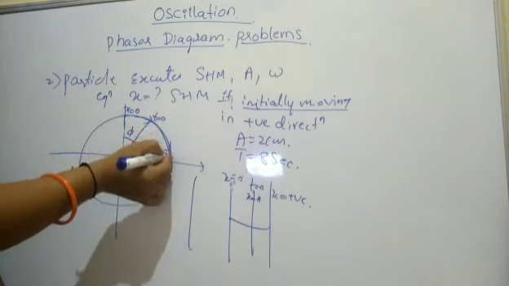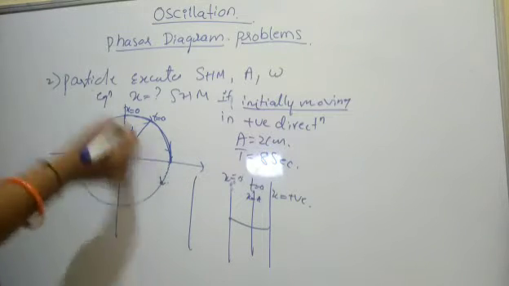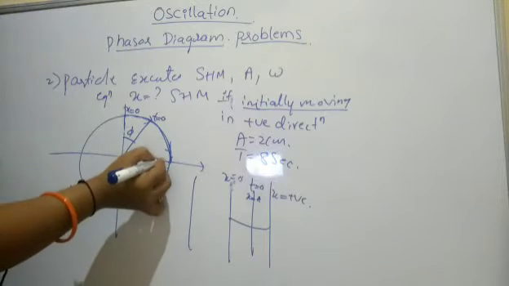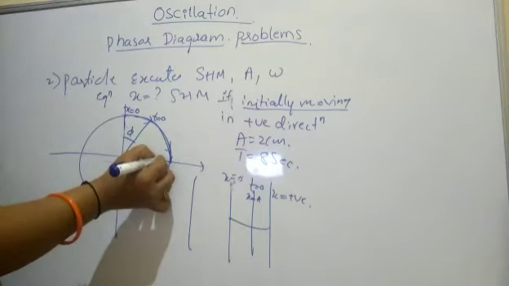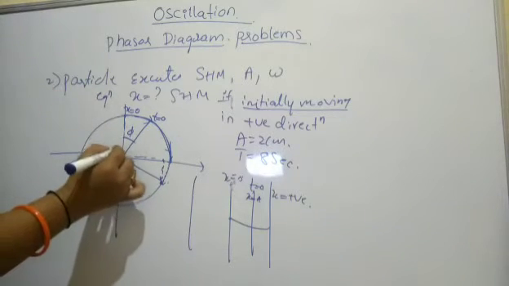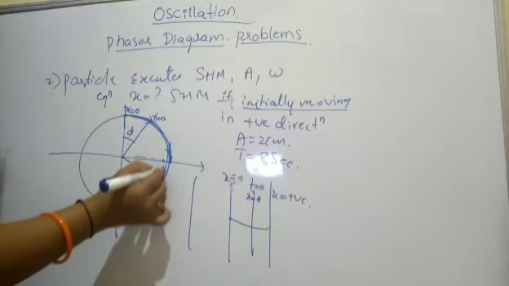For example, say it is moving to this point. So draw the projection here, what will you get? It is moving from here to here.